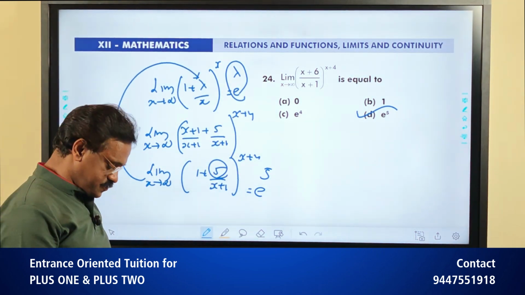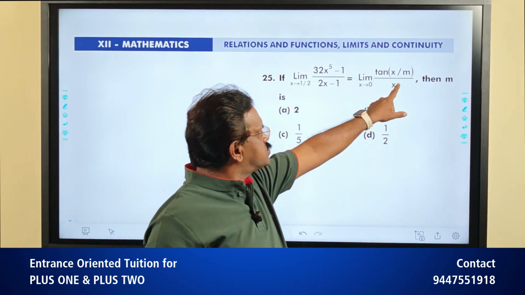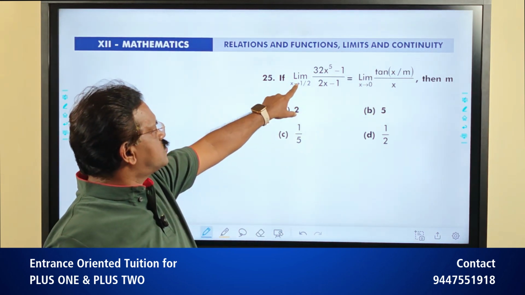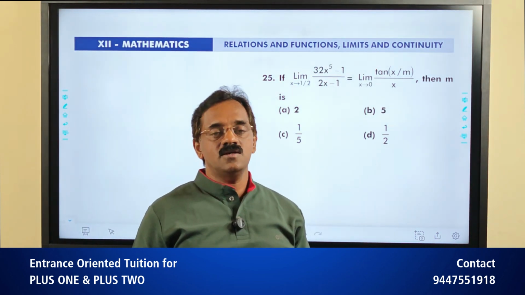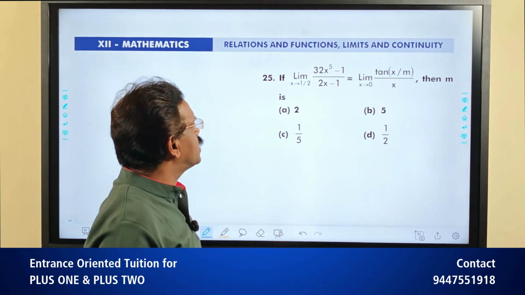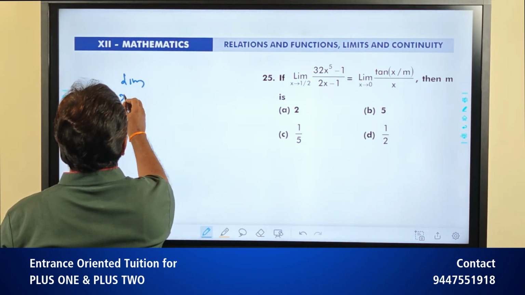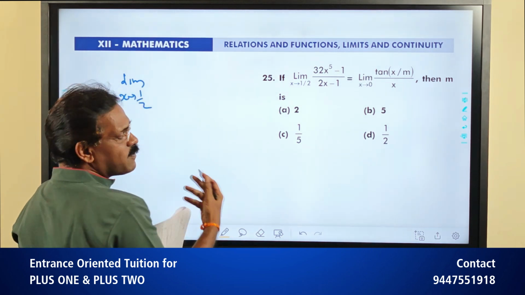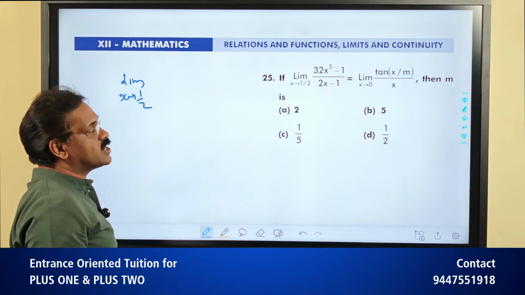Not this result. So listen carefully. Here both this limit and this is also limit. When you have a glance over that particular question, രണ്ട് സൈഡും ഇൻഡിറ്റർമിനന്റ് ഫോമാണ്. എങ്കിൽ L'Hospital's rule applicable. Limit x tends to 1 by 2. Now here you should be very thorough with applying L'Hospital's rule on all limit problems and the problems related to continuity.